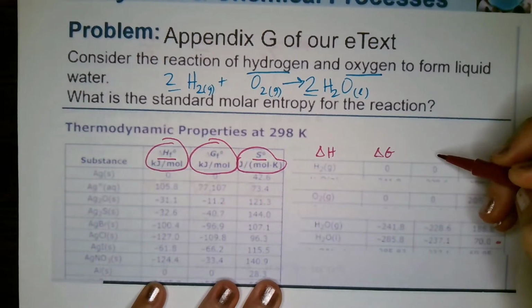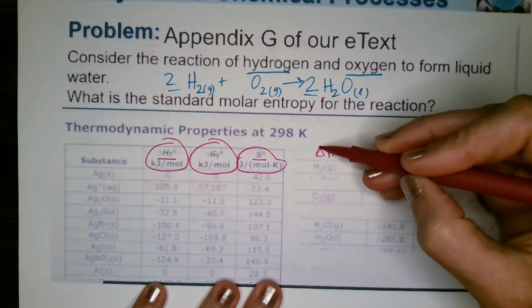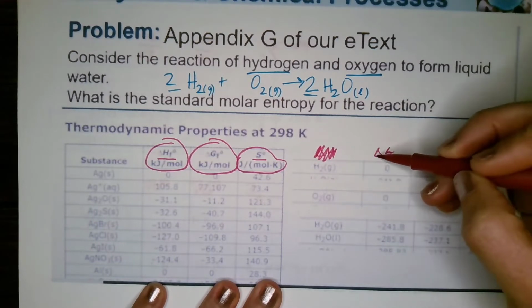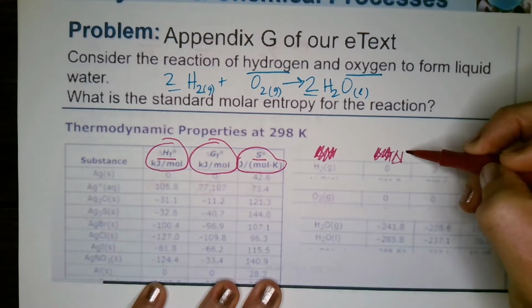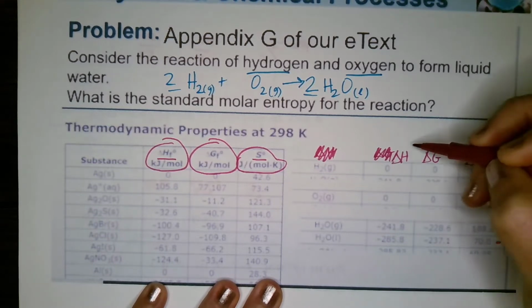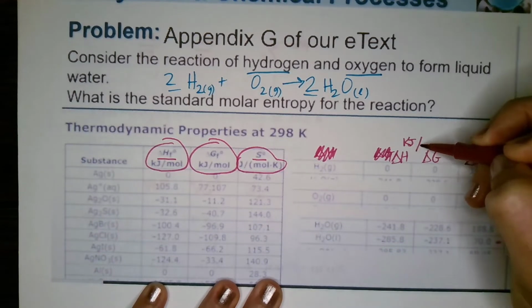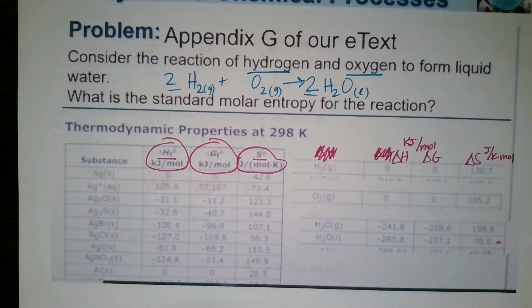Oh, I need to shift it one over. Sorry. This is our substance here. This is our delta H, delta G, delta S. And remember, our delta S is in joules per Kelvin mole, and both of these are in kilojoules per mole. So that's important to note.